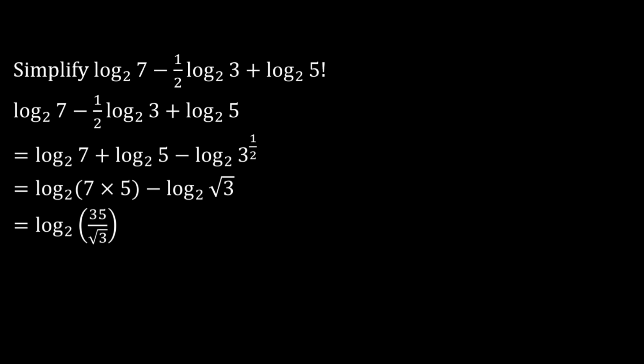This equals logarithm of 7 to the base 2 plus logarithm of 5 to the base 2 minus logarithm of 3 to the power of 1 over 2 to the base 2, which equals logarithm of 7 times 5 to the base 2 minus logarithm of square root of 3 to the base 2.